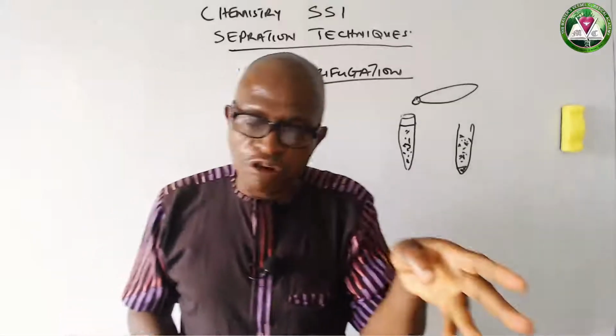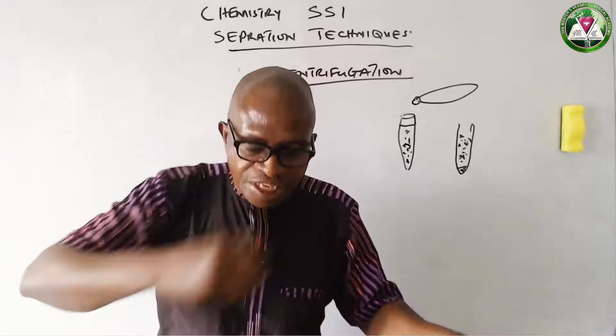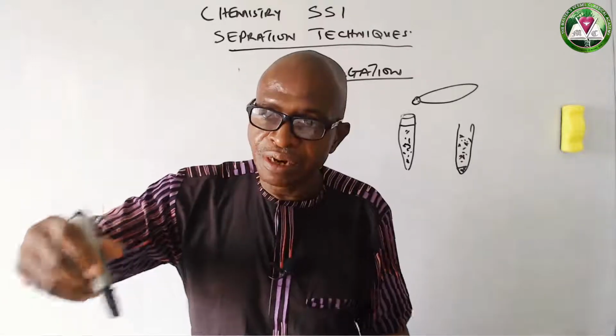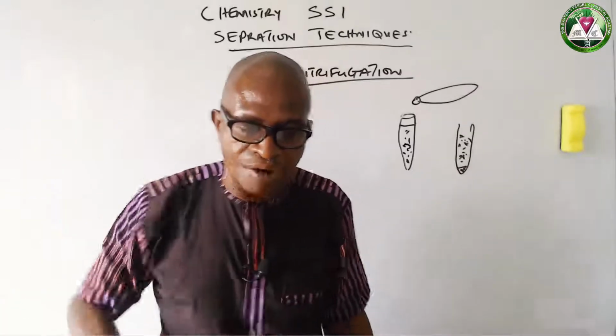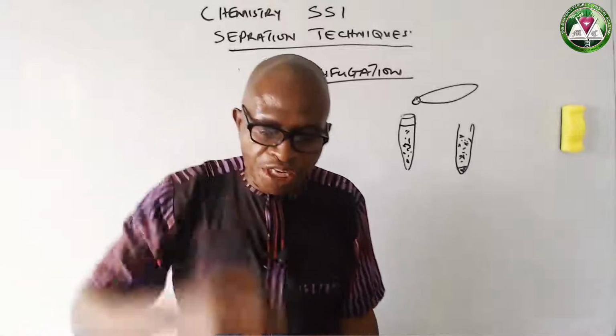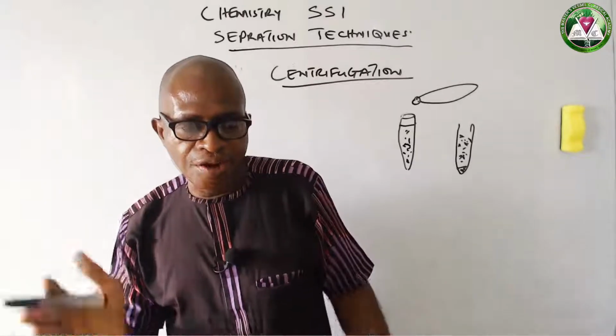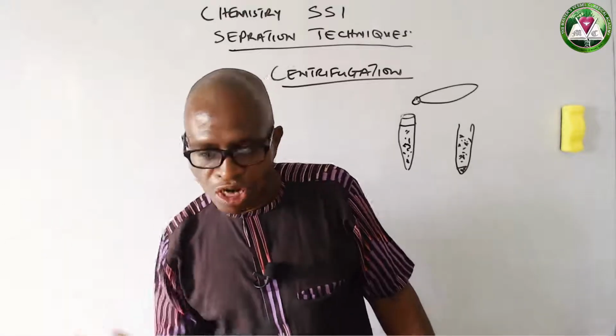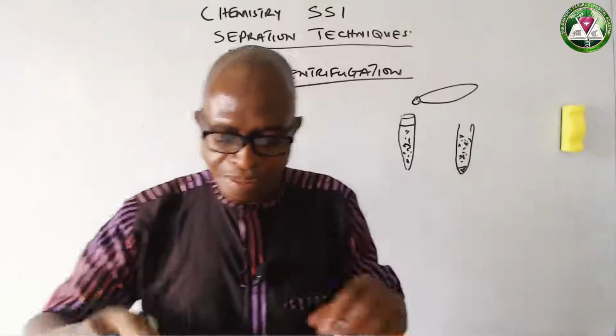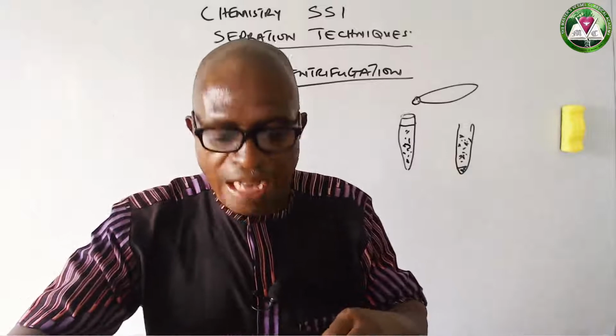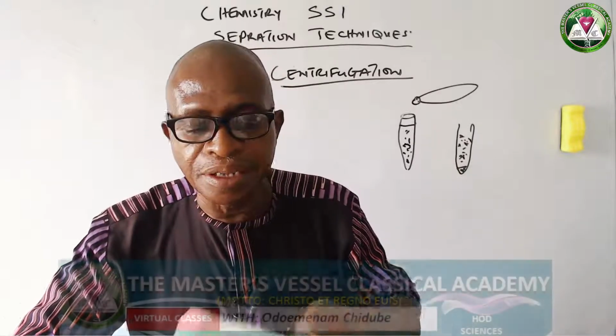Therefore, the centrifuge machine will be rotating and it will force this unsettlable solid to settle down. And when you have finished settling it down, you can now decant the clear liquid and then recover the solid which is at the bottom. Therefore, let us look at where you apply this.